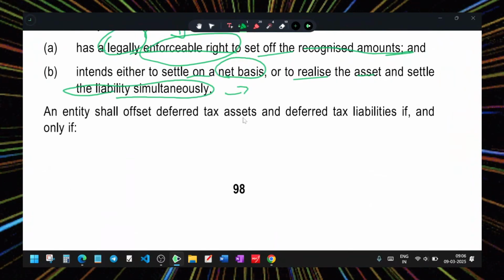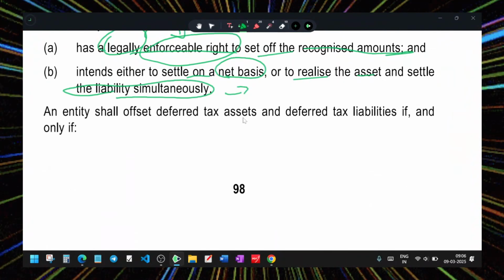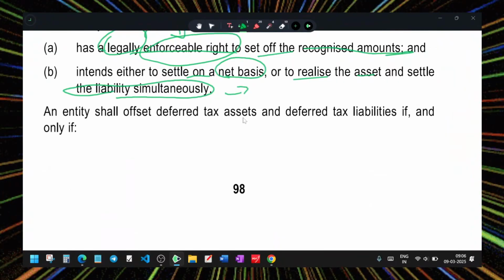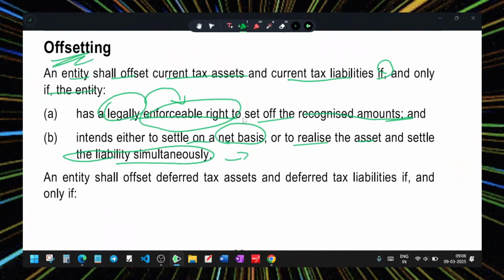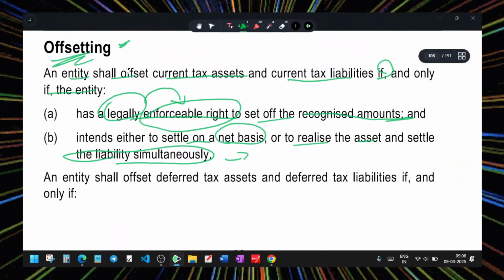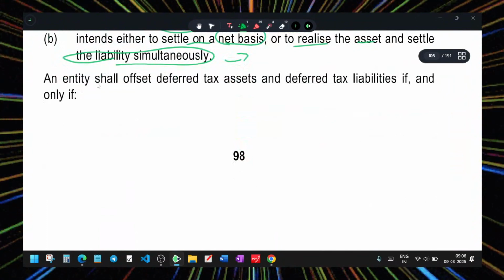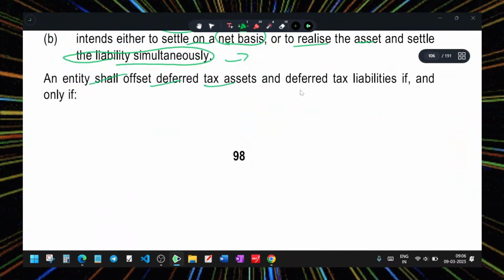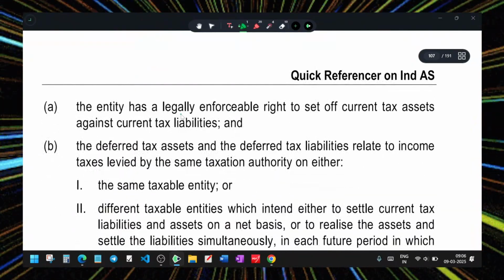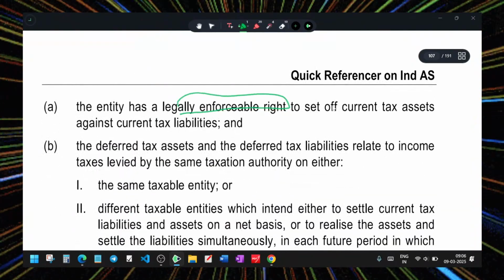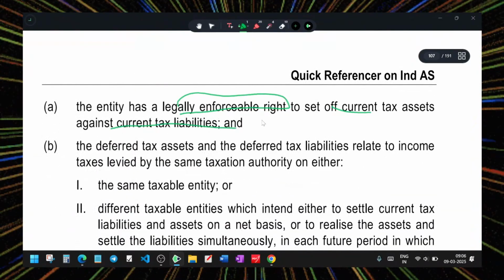Or else, if I need to pay some taxes, I subtract it from my payable. That is offsetting, but it should be enforceable by the government. The entity shall offset deferred tax asset and deferred tax liability if and only if the entity has a legally enforceable right to set off current tax asset and current tax liability.